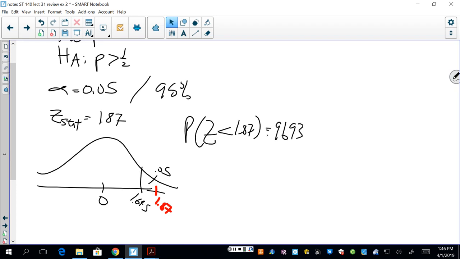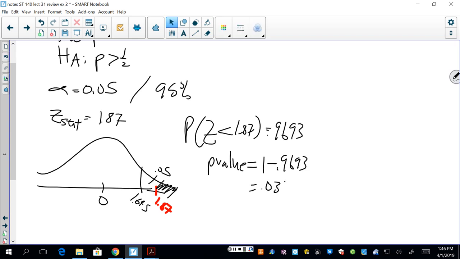And so the tail area above that, the p-value, is going to be 1 minus that, so 0.0307. The significance level is 5% and the p-value is smaller. So for most of the tests you can compute either the z-statistic and compare it to the z-cutoff, or actually calculate that tail area. If it's phrased as two-sided, I would double that.